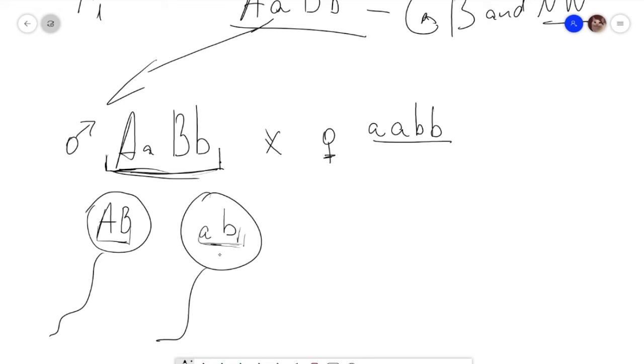This organism can give us only one type of eggs, with recessive homozygous genotype.